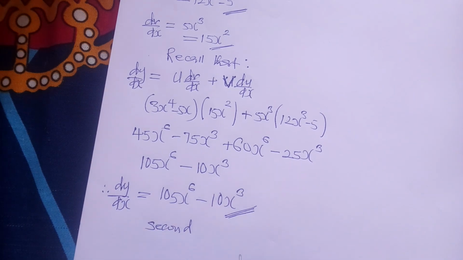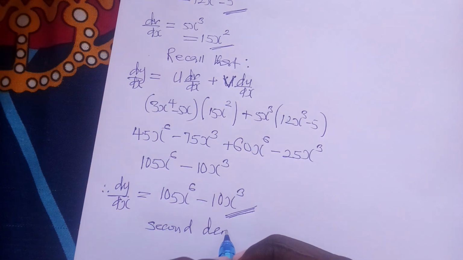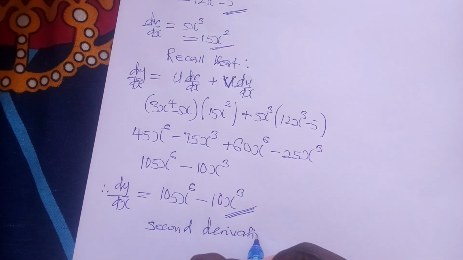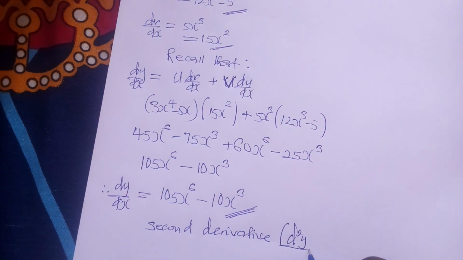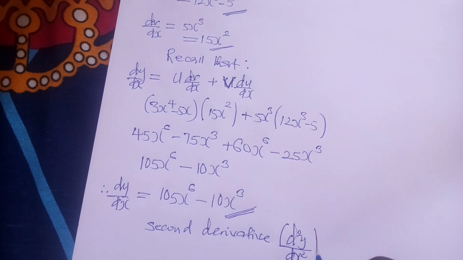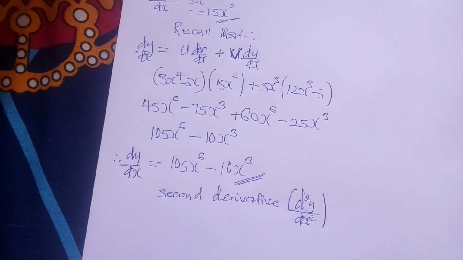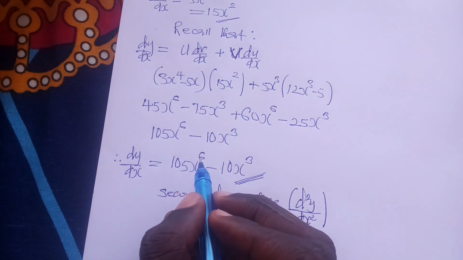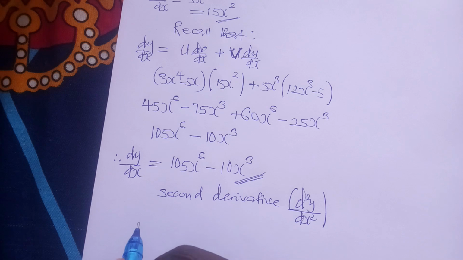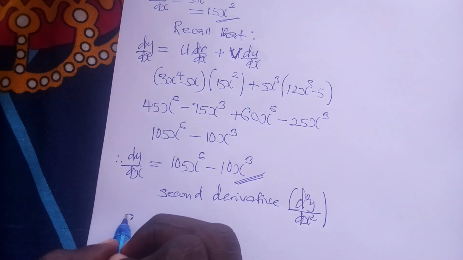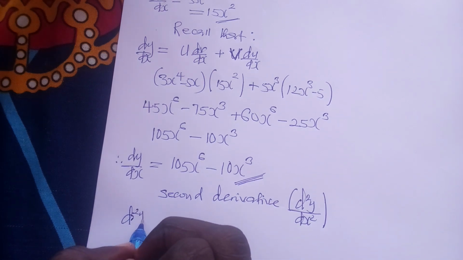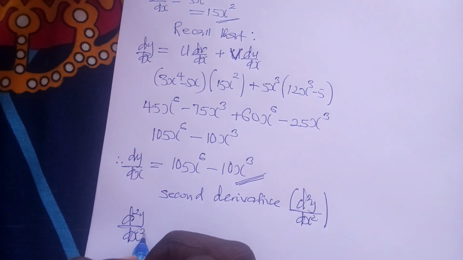So this is the second derivative, wherein you are going to have d square y upon dx square. Then if you want to have the second derivative, differentiate this also. It means differentiating this one, this is our d square y upon dx square.